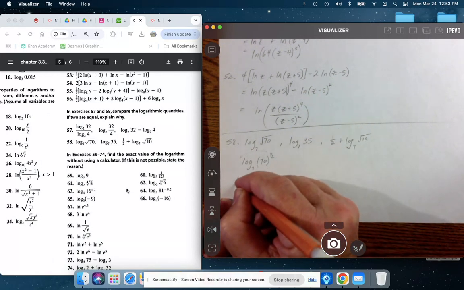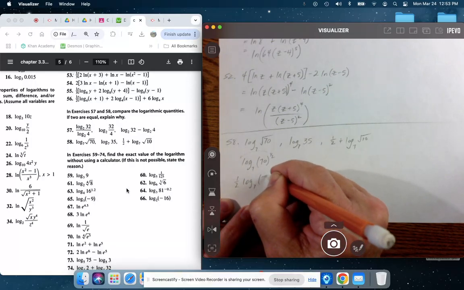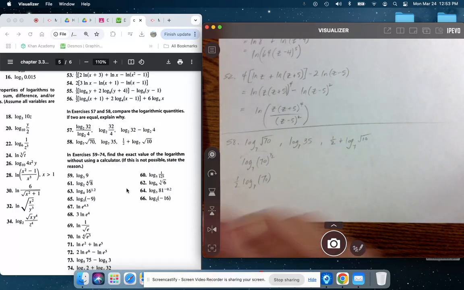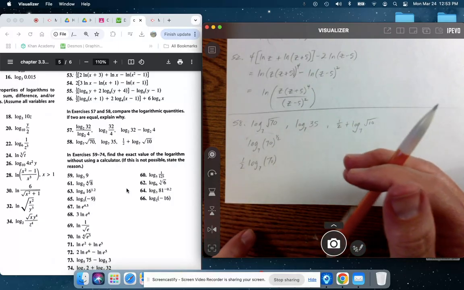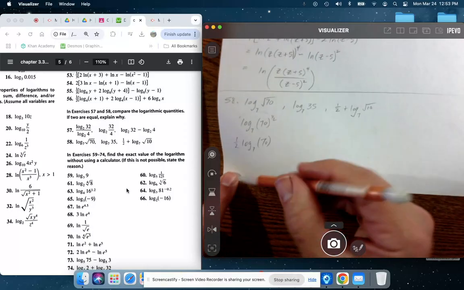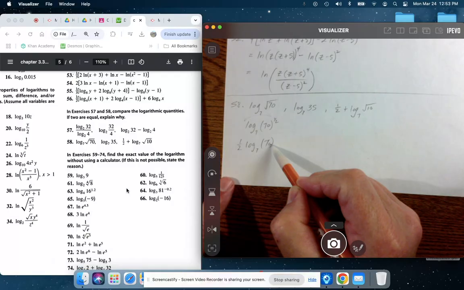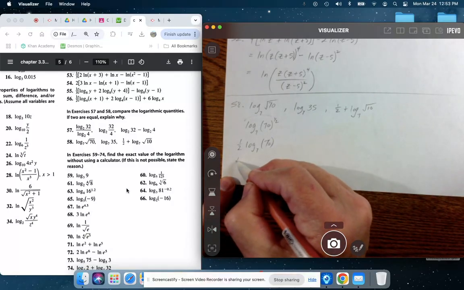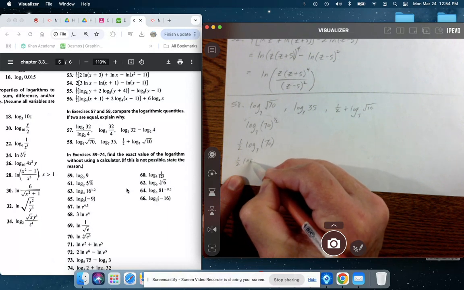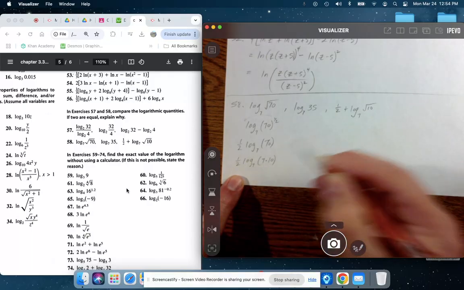So that would be 1/2 log base 7 of 70. That can be broken up, right? 7 times 10. I'm just trying to figure out what other forms this thing could take. So this would be log base 7 of 7 times 10.